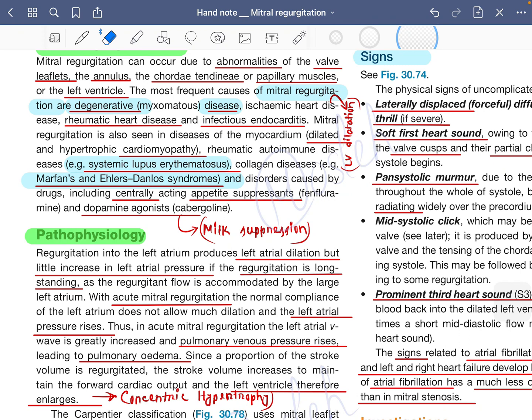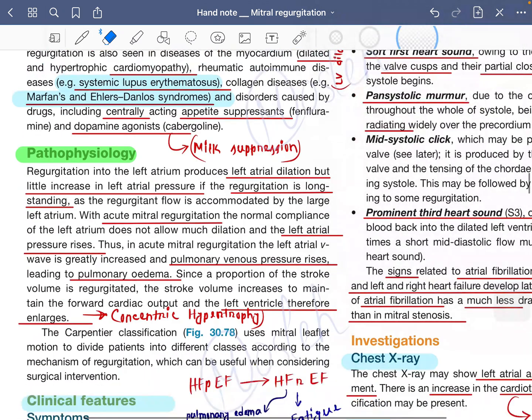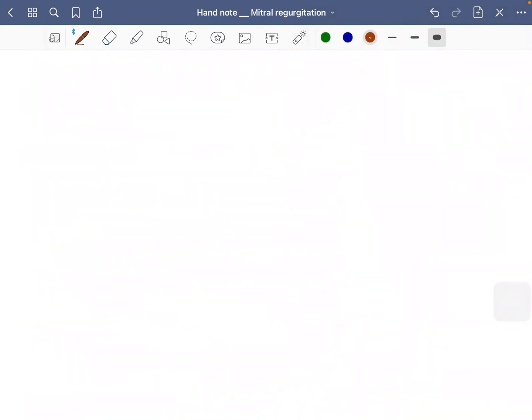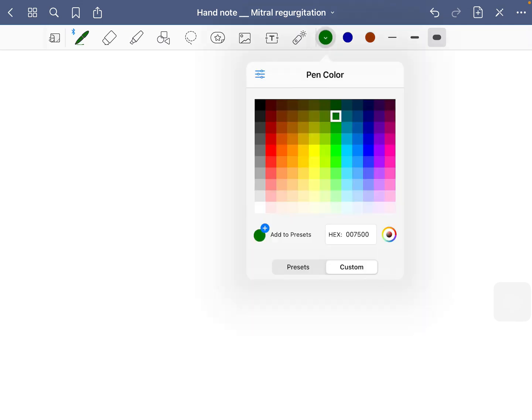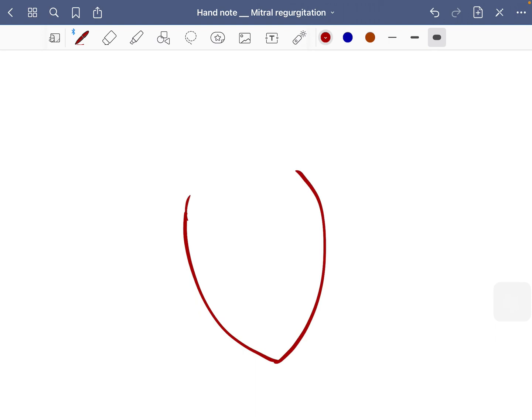So I have already told you that mitral regurgitation means whenever your heart contracts, in systole, the blood goes back from the left ventricle to the left atrium. Again I want to briefly recapitulate it. I am drawing only the left side of your heart to avoid complexity.